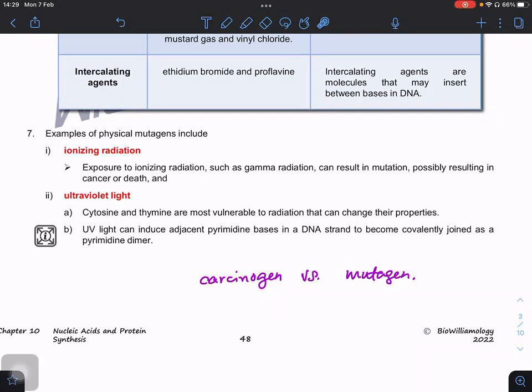Okay, but some mutagens can cause cancer, but not all mutagens cause cancer. Some mutagens actually cause other types of disease. For example, sickle cell anemia is not cancer. Hemophilia is not cancer. PKU is not cancer. Are you clear? So don't put an equal mark between these two words, carcinogens versus mutagens. Don't put an equal mark there. Are you clear? Okay.